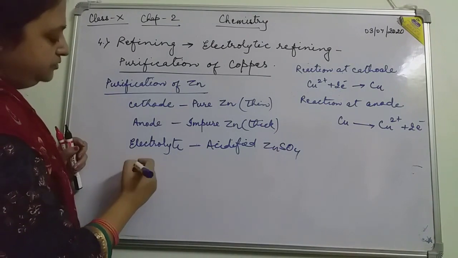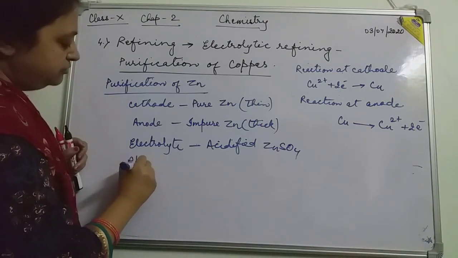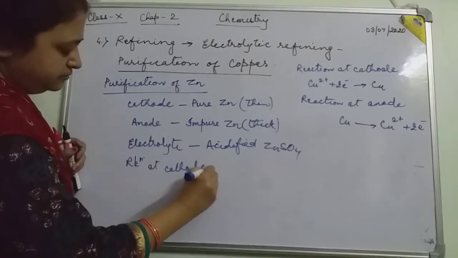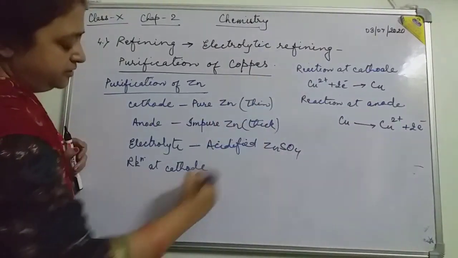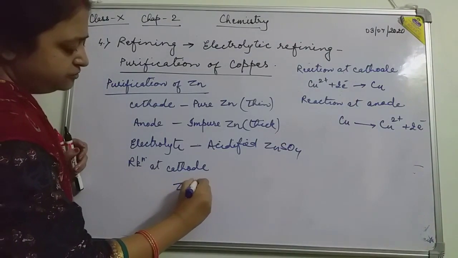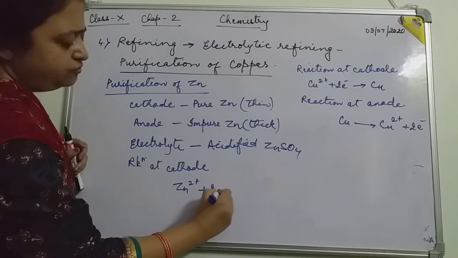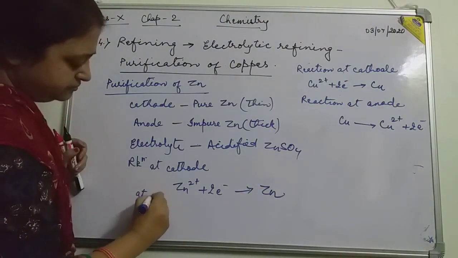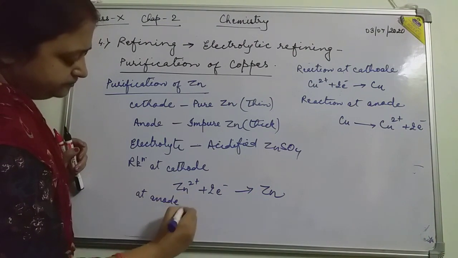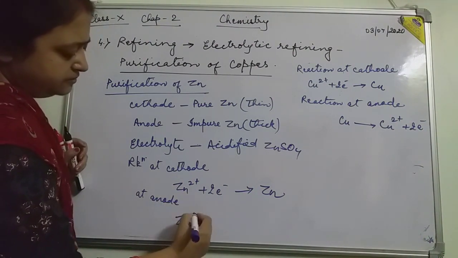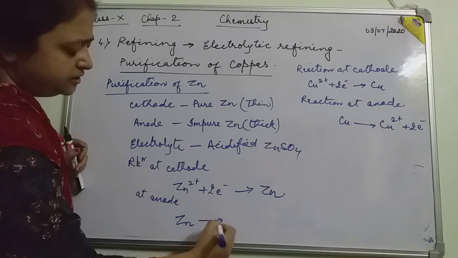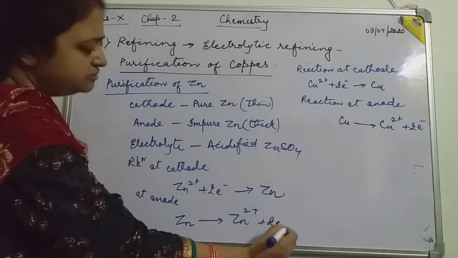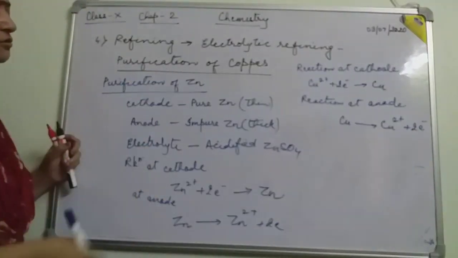Reaction at cathode: zinc 2+, by gaining 2 electrons, becomes zinc, and at anode, zinc loses 2 electrons and becomes zinc 2+. So this is purification of zinc.